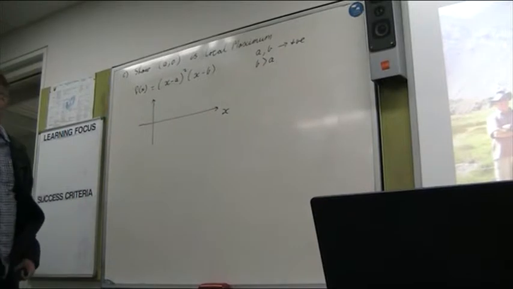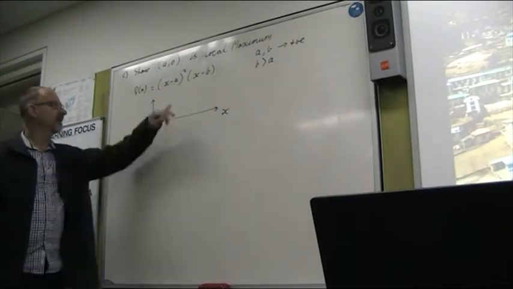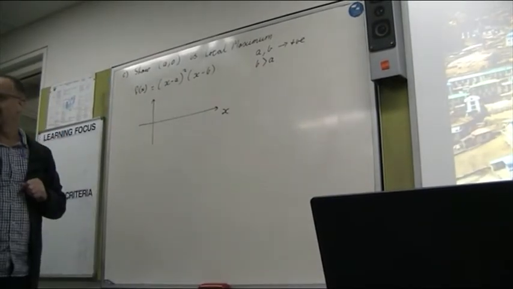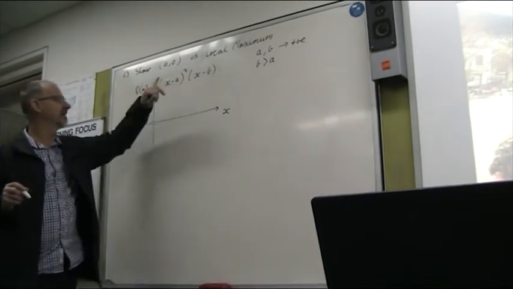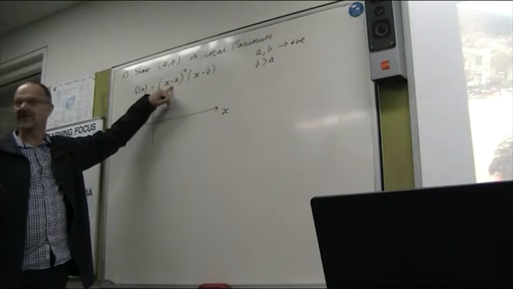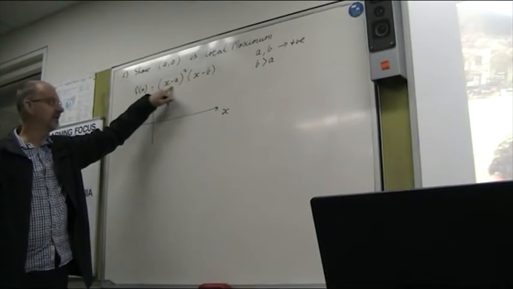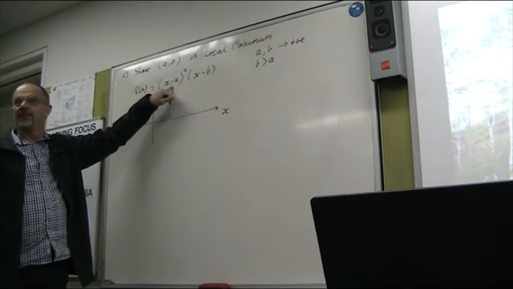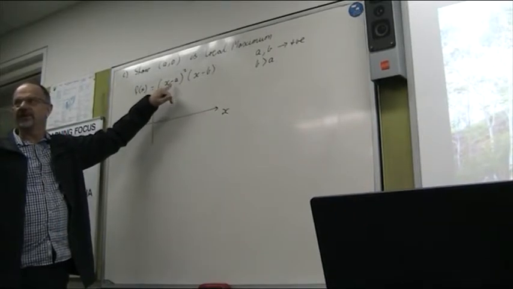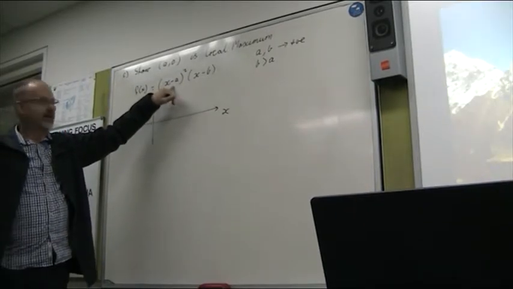X minus A is a turning point. Turning point? Yep. B is an intercept. Right, so B is an intercept. X minus A is the turning point. But what's special about this particular turning point? It's on the axis.